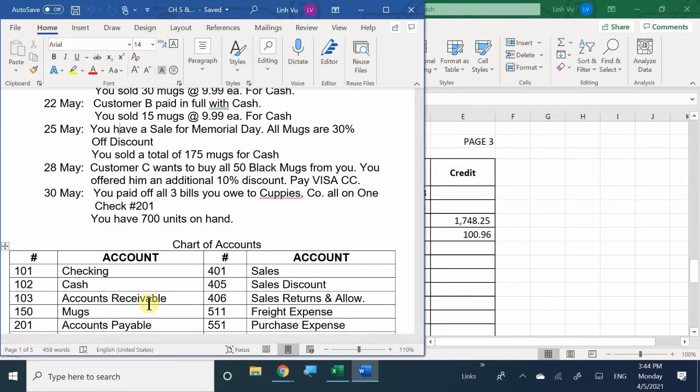It's instantly to our checking account. Now, they owe the credit card company, but they don't owe us anything because they use the credit card company to pay in advance. So in this case, we collected our money, and it's going to go straight to our checking account. Good question. Okay? So that's exactly how we set it up.